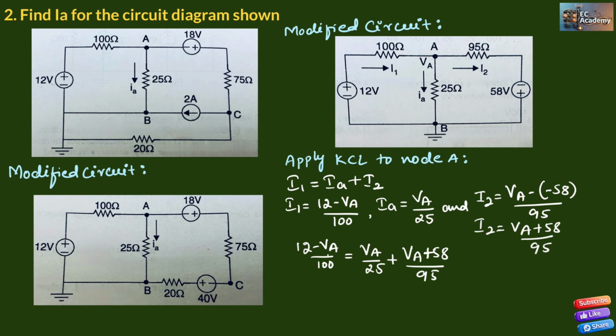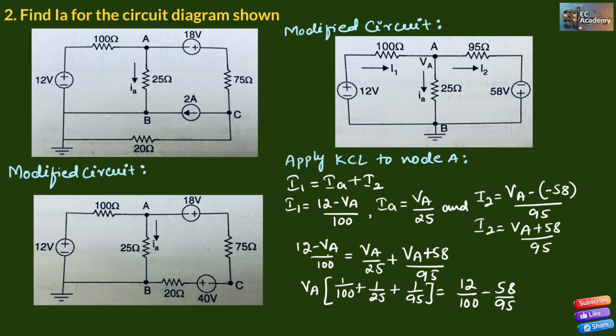Let us take VA terms towards the right hand side and the constant terms towards the left hand side. And if we rearrange, we can write VA into 1 by 100 plus 1 by 25 plus 1 by 95 will be equal to 12 by 100 minus 58 by 95.